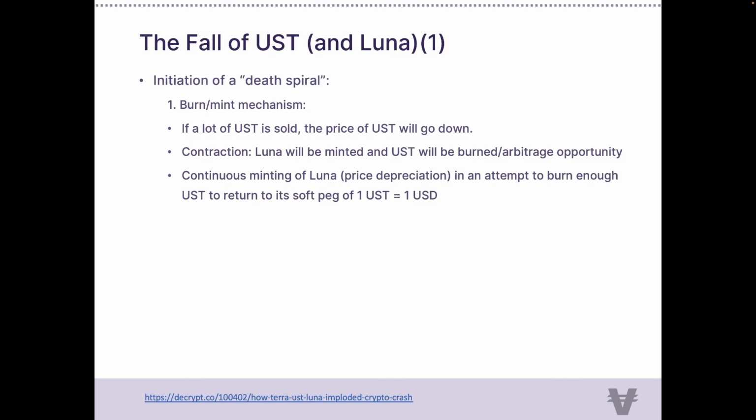And then, of course, during the contraction, USD will be burned, or this arbitrage opportunity should occur. So what happened is a continuous minting of Luna, which inflated the supply and led to price depreciation, in an attempt to burn enough USD to return to its soft peg. So that's one important reason.